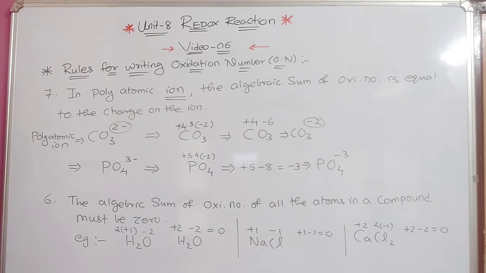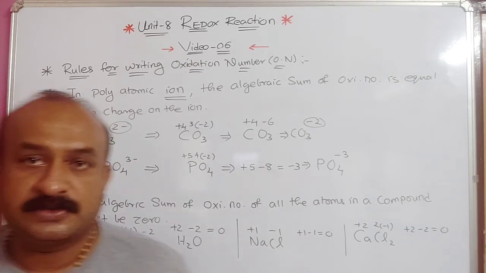Understood? So this was all about the algebraic sum of a simple or neutral compound, and we also talked about polyatomic ions. Then we saw the oxidation number of fluorine and others. So till rule 7 is what we saw. Now we will discuss the remaining rules in our next videos.